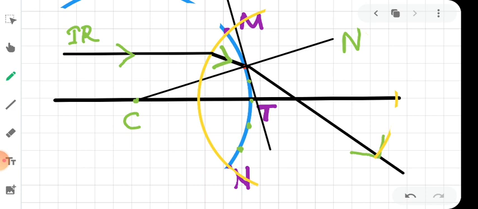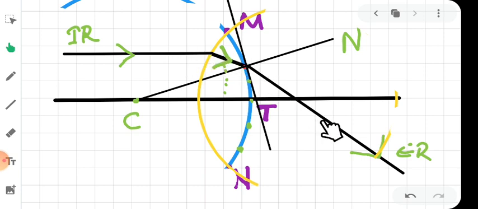The ray inside is actually the refracted ray, and then the ray outside is called the emergent ray. See, these namings are actually kind of useless, because at the yellow interface, this is the incident ray, this is the refracted ray. But at the blue interface, this is the incident ray and this is the refracted ray.